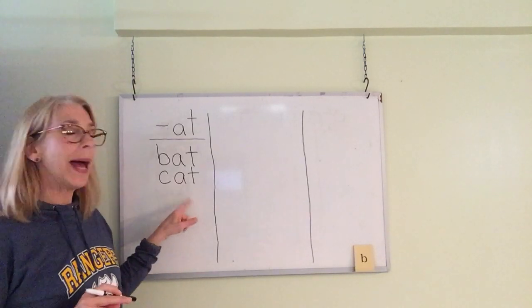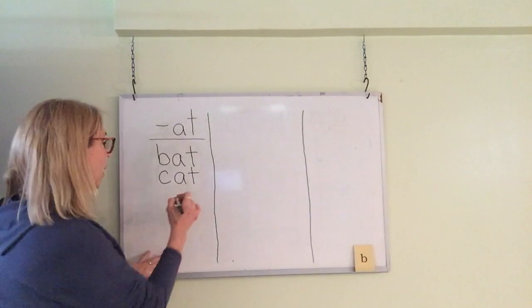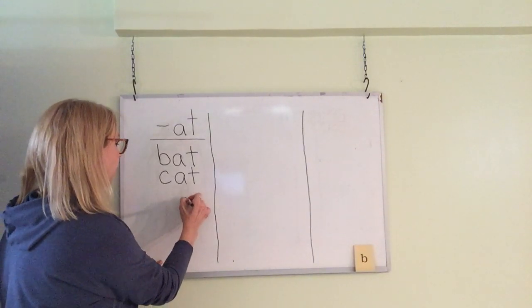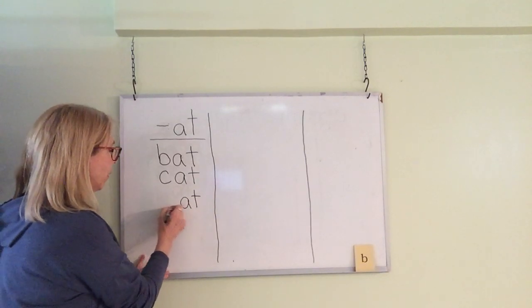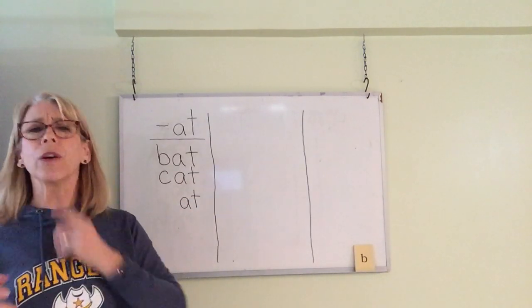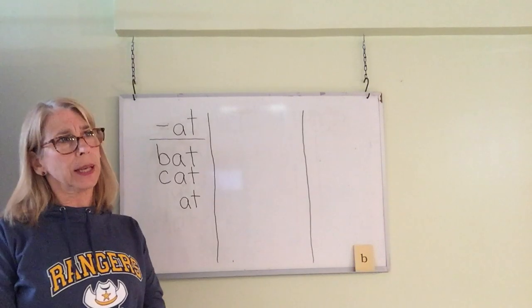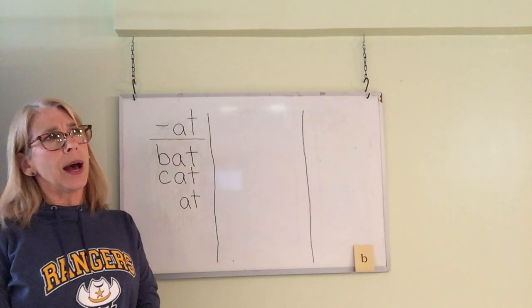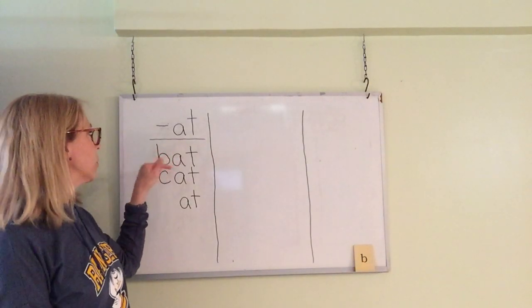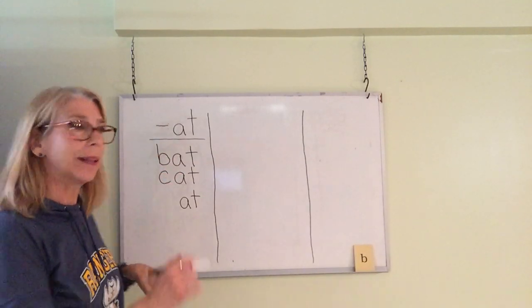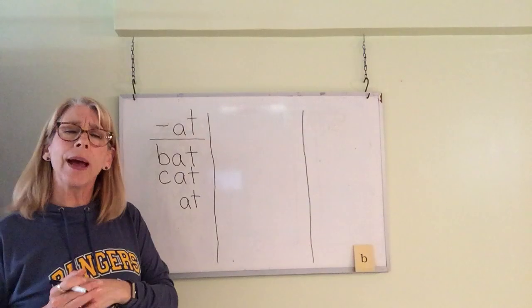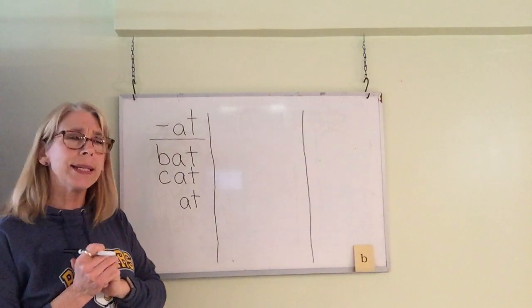Underneath the word cat, I'm going to make a new word. So I'm going to write our pattern, at, and I'm going to put a new letter in here. What letter could I choose? Let's see. I'm rhyming at, so I have bat, cat. How about hat? Let's try hat. What sound do you hear at the beginning of hat?